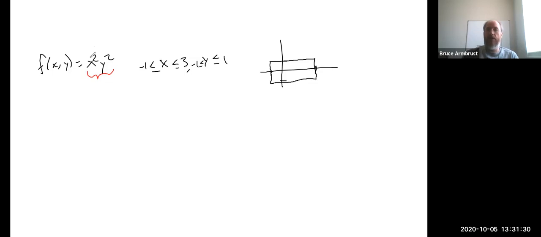So the smallest possible value we get with this function would be 0. But that's only because these are x squared and y squared. If one of those had been, say, a cube, then I could have taken on negative numbers. But I already know, just in general, that x squared y squared is going to be greater than or equal to 0.